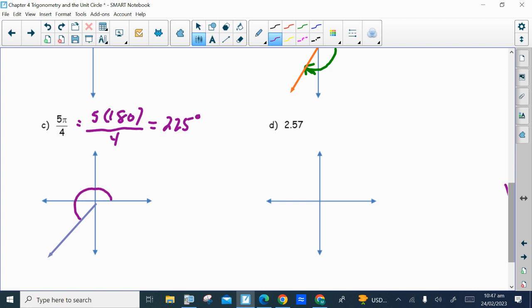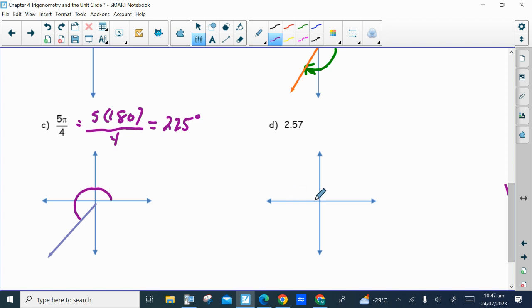The next one is in radians because there's no unit indicated. And we want to go positive 2.57 radians, which would be, again, in a counterclockwise direction. And we can guesstimate where that is before we turn it to degrees, because pi radians would be the same as 3.14 radians. Remember, pi radians is halfway around the circle, and the value of pi is approximately 3.14.